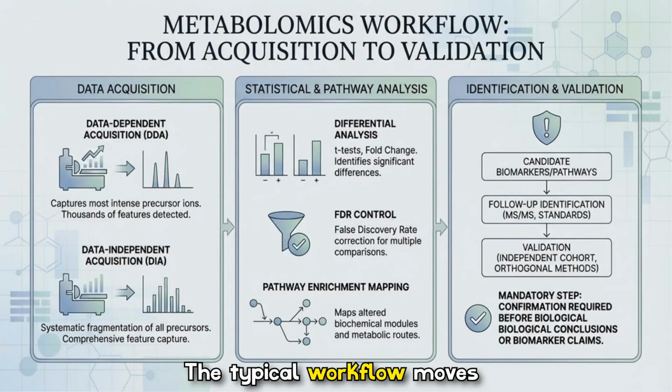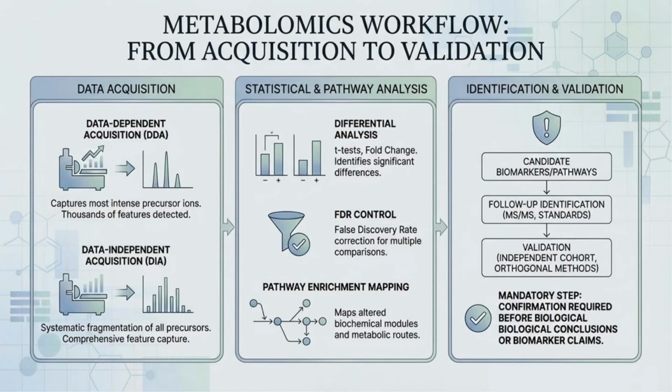The typical workflow moves from data acquisition, choosing DDA or DIA, to statistical analysis and pathway mapping. Differential testing with FDR control identifies significant features, and enrichment maps altered biochemical modules.